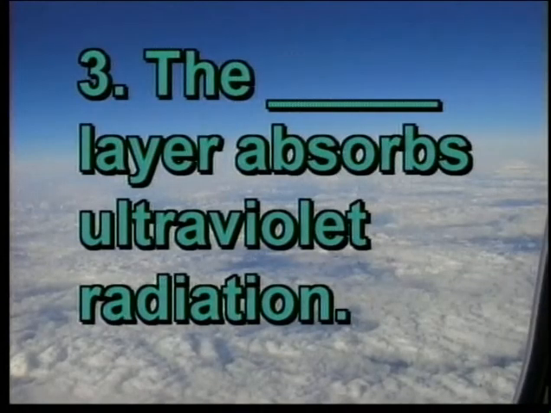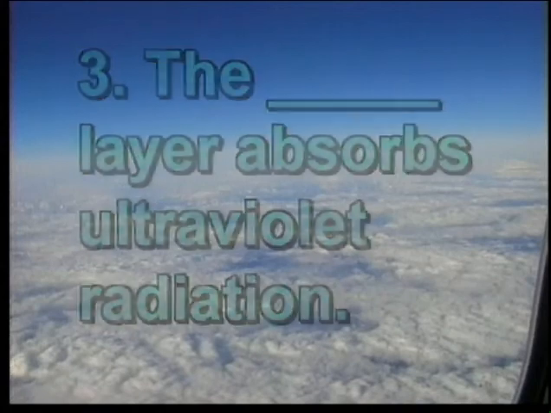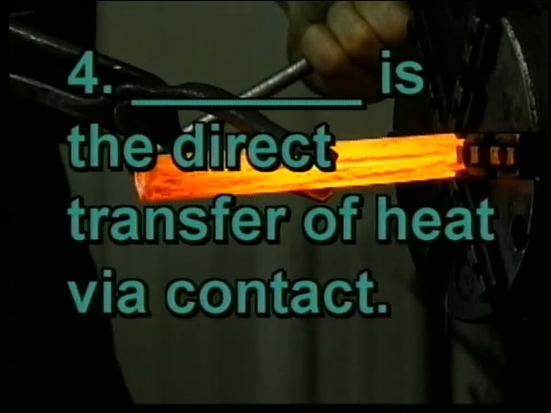Number 3. The blank layer absorbs ultraviolet radiation. Number 4, blank is the direct transfer of heat via contact.